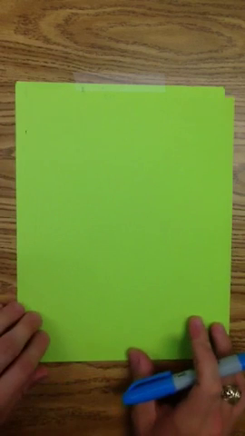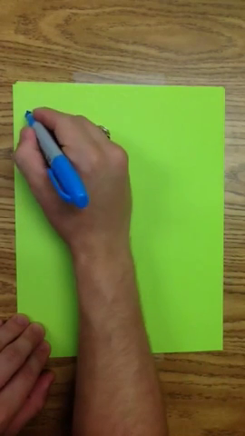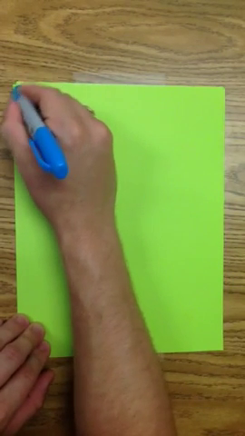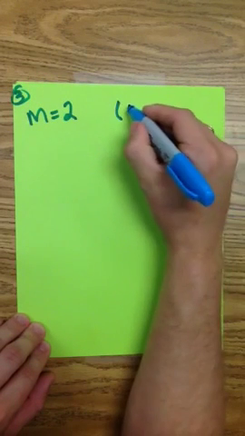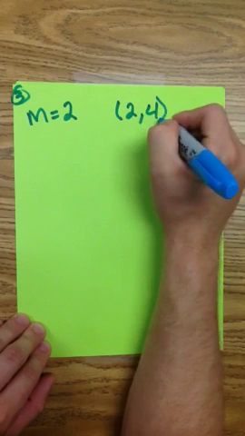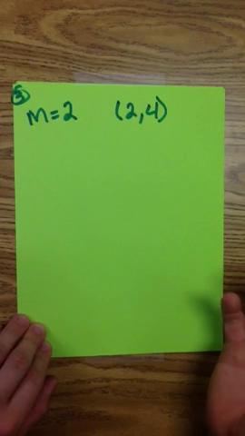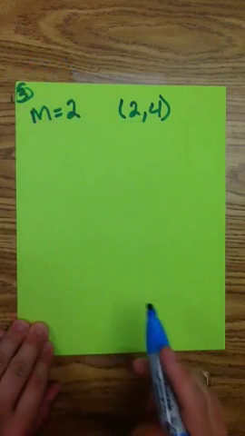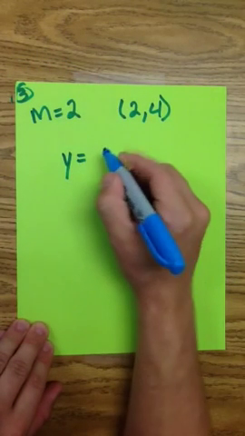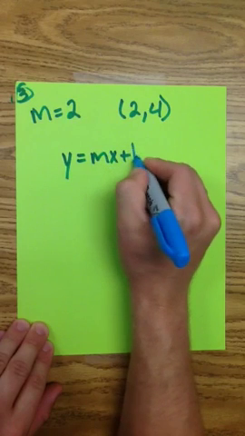Now, what they might do is tell you that the slope is 2, and they want it to go through a point (2, 4). Now, they haven't told me the y-intercept. It's still possible for me to use the slope-intercept form. It just takes a little bit more work. So I'd say y equals mx plus b.